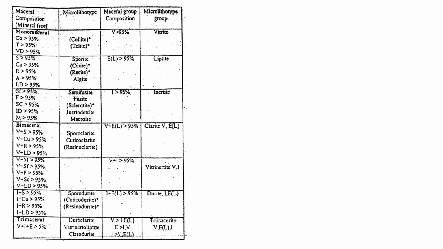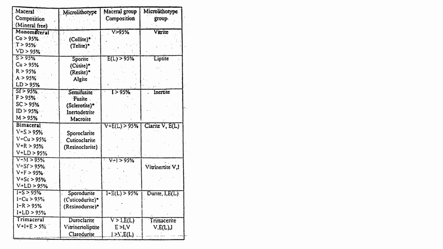Here you can see that if the monomaceral consists of more than 95% collinite, telinite, or vitrodetrinite, then the microlithotypes will be collite, telite, and the group shall be vitrite.